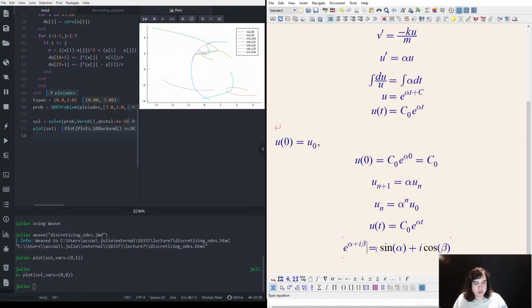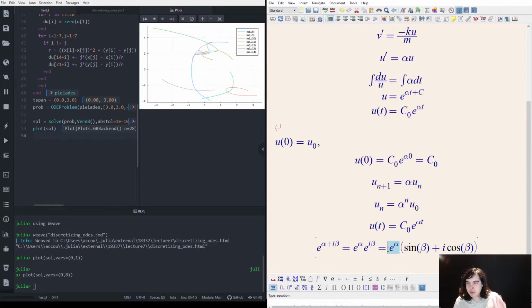You write this down as e to the alpha times e to the i beta. So really what the imaginary term is doing inside of an exponent is it's just giving you the rotation, and the real term is giving you the relative size, right?